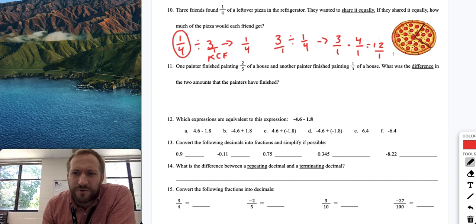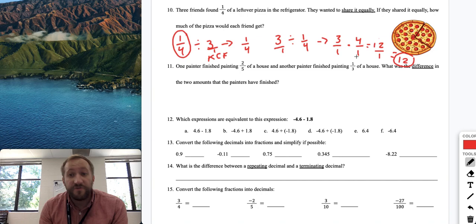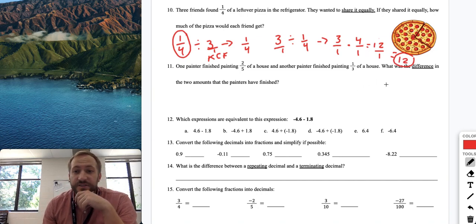Wait, that would reduce down to 12. That's like saying there was 12 pizzas, or I don't even know what that means. That's crazy. That can't be right. So whatever's getting split has to come first. All right, the pizza's getting split up, so it comes first in your division problem. Again, hopefully you would maybe make some of these errors and see that doesn't make sense and you would try something else. Let's look at this next one.